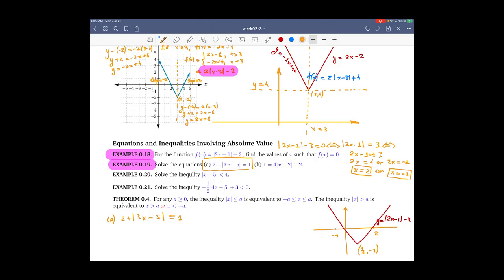When you move 2 to the other side, we have absolute value of 3x minus 5 equals -1, which is less than 0, immediately implying this equation has no solutions because there is no expression whose absolute value is negative. Empty set, or you can write no solutions.